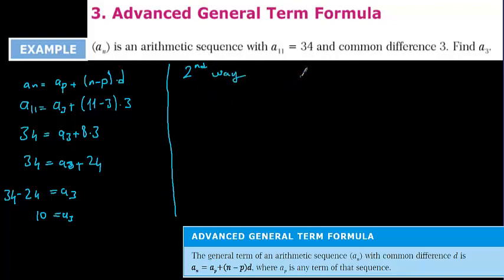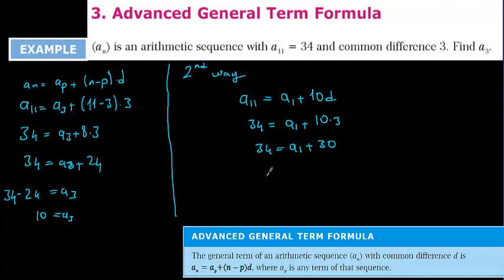We can also find it using the second way. Firstly we find A1, then we can find A3 by using that. How to find A1? We know that A11 is equal to A1 plus 10d. So 34 is equal to A1 plus 10 times 3, 34 is equal to A1 plus 30, and A1 is equal to 4.